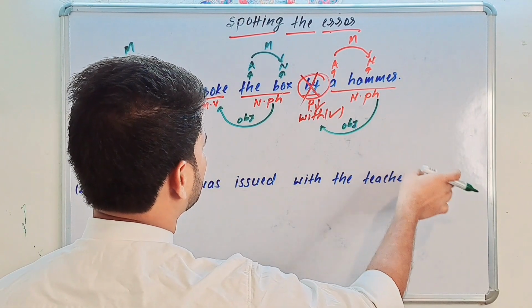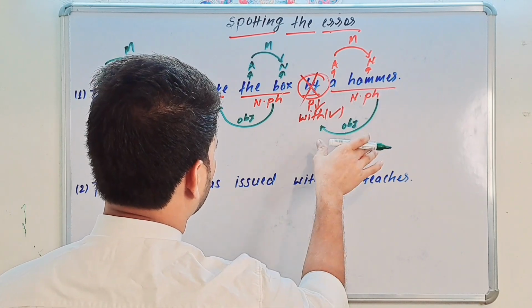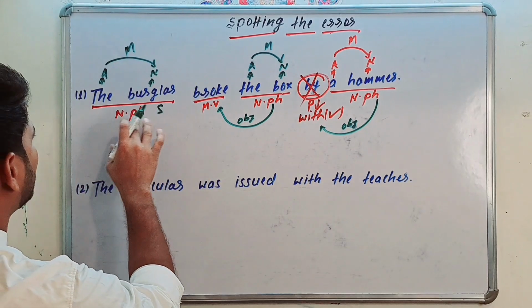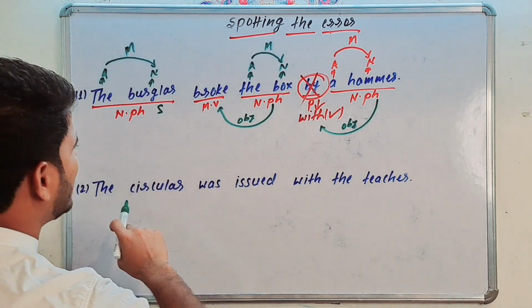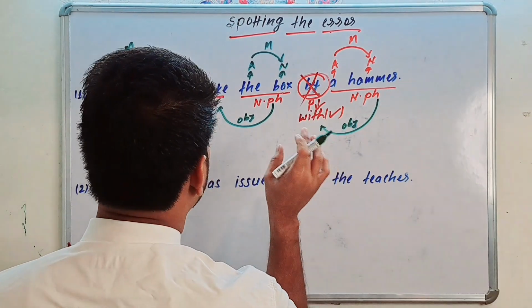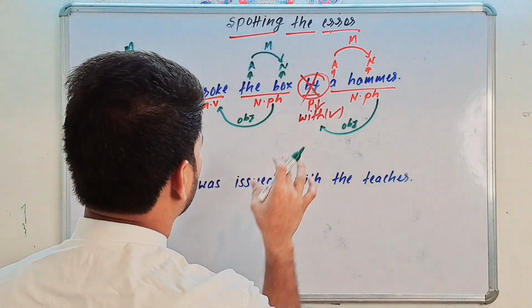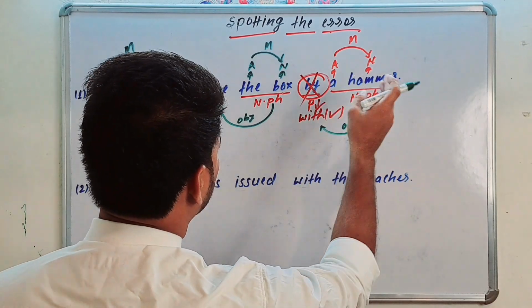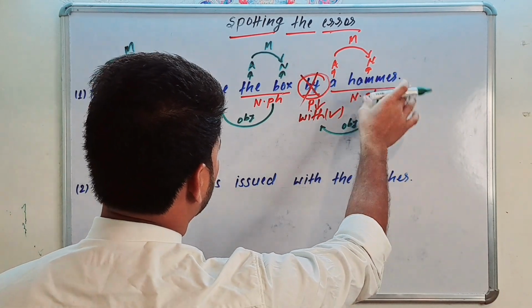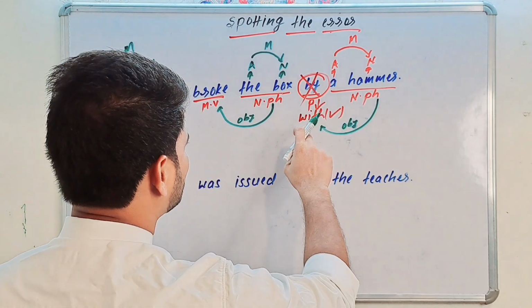Because the preposition is followed by a noun phrase, this is an object of preposition. Here the burglar is the subject, broke the main verb, the box the object of the main verb, and with a hammer: the preposition is followed by a noun phrase, so a hammer is an object of preposition.